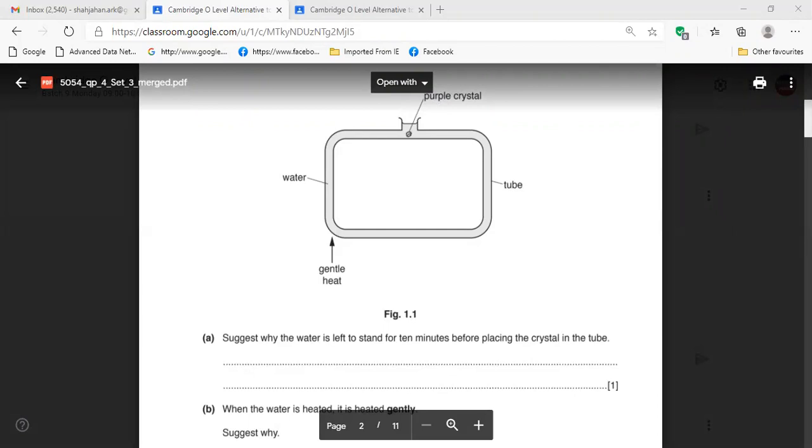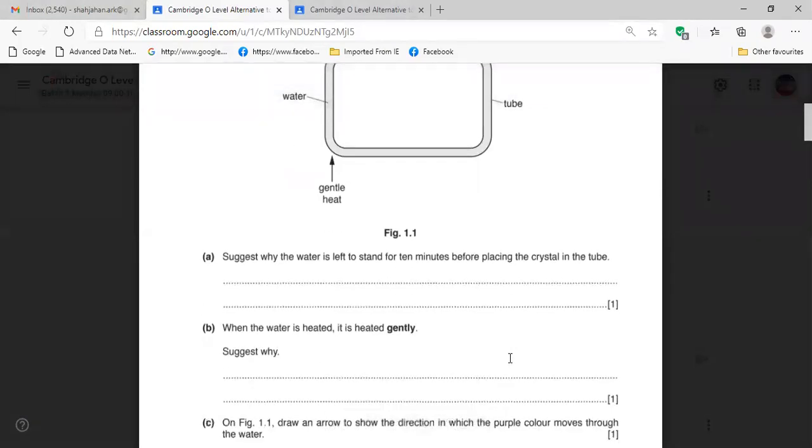We can write directly that the water is settled. You write that one, also write this one beside. No problem. Okay. And then the next part.